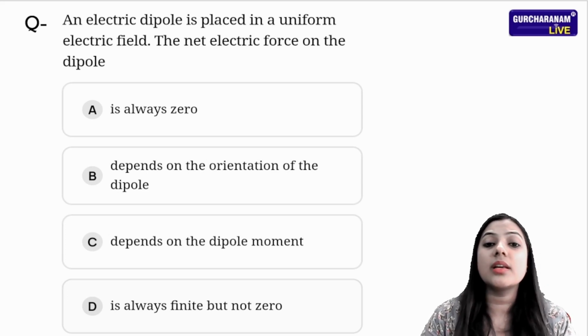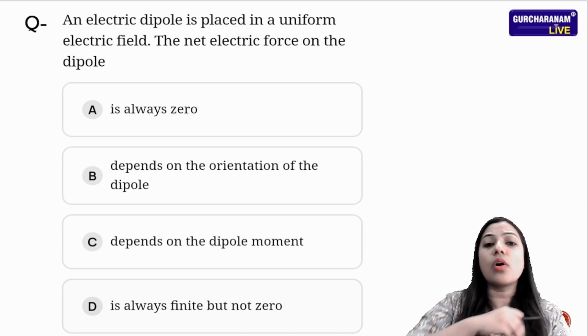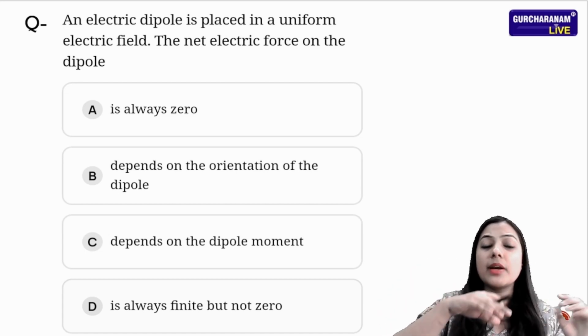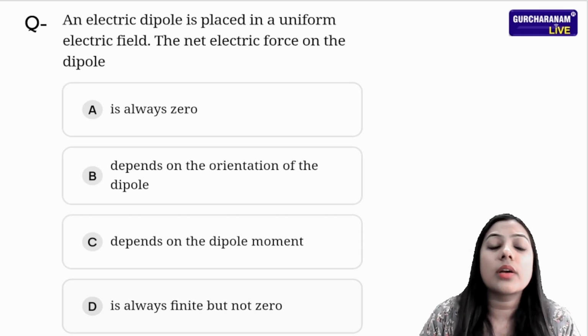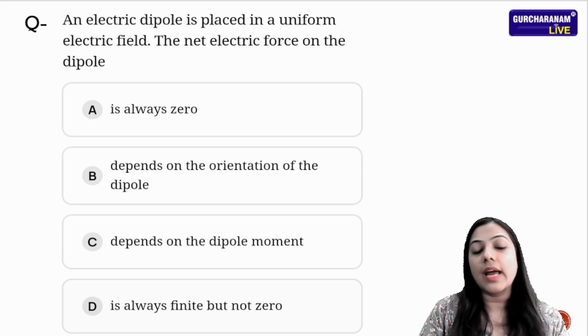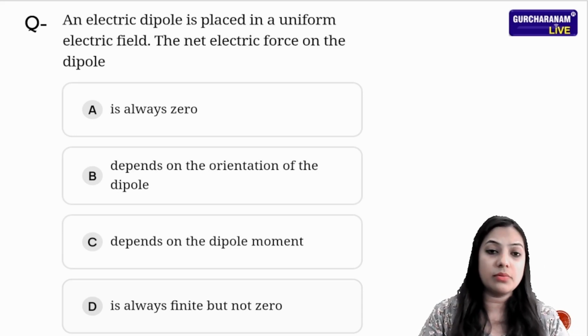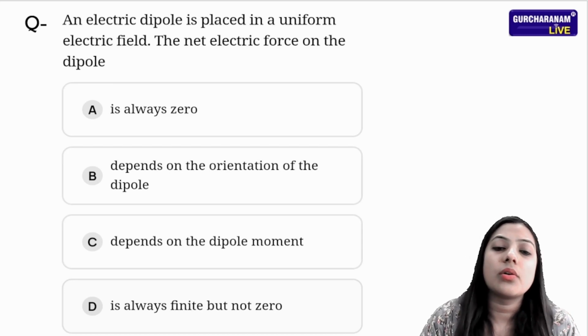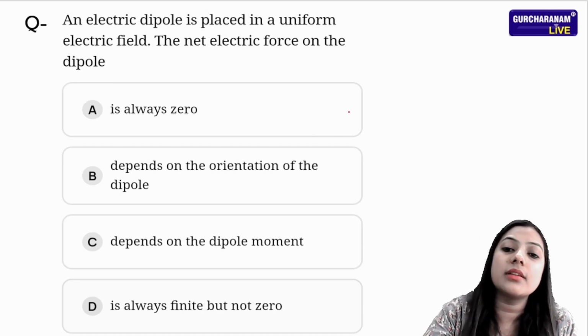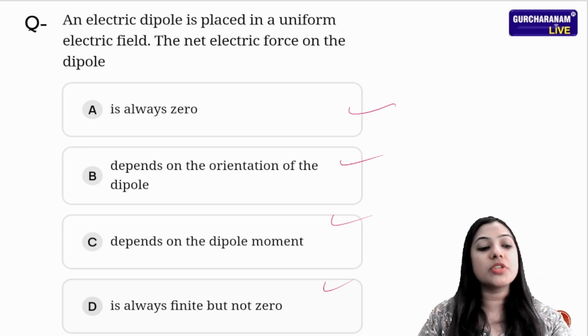Option B is it depends on the orientation of the dipole. Option C is it depends on the dipole moment. And option D is it is always finite but not 0. What option is correct?